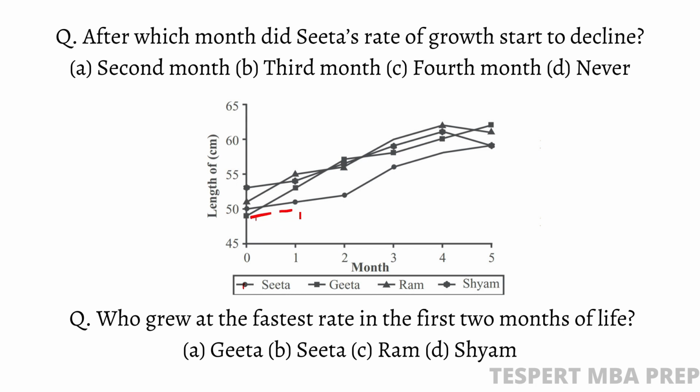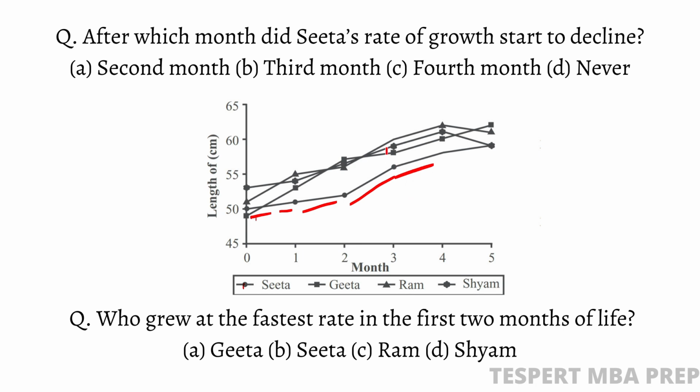This is the first one and this is the second one, slightly high, and it went to maximum in the third month. But from third to fourth, that is from the fourth month, it didn't achieve the considerable growth rate as previous, right? So the growth rate comes down in respect of the second to third month, right? So the decline rate starts from third month.